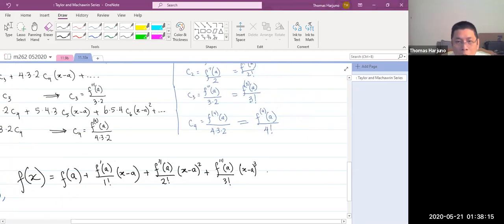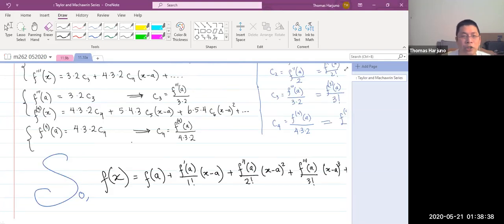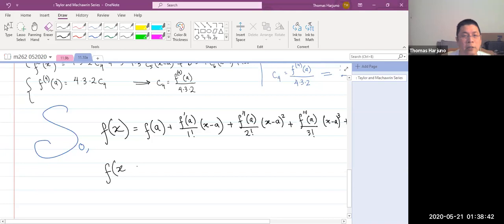Now, when I go on, let me write it in the general term. That will be the nth derivative at a over n factorial times (x minus a) to the n, plus dot dot dot, which I will write as the summation from n equals 0 to infinity of the nth derivative at a over n factorial times (x minus a) to the n.